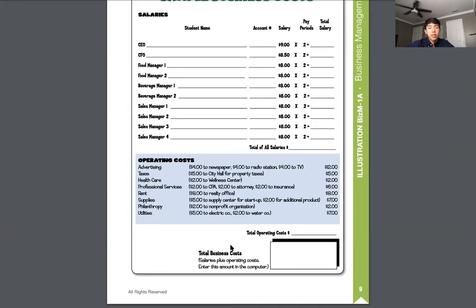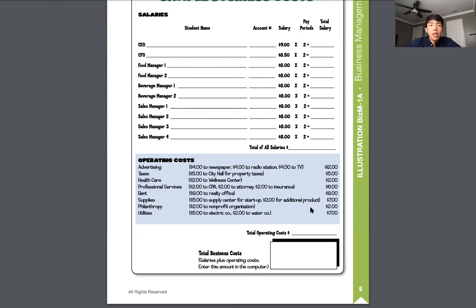These are our costs of salaries and operating costs combined. So I said what, 163 plus $49 is $212. That's how much money that we are spending as a whole for our business to pay our employees, keep them happy, and pay for essential services and products that we need in order to make money.